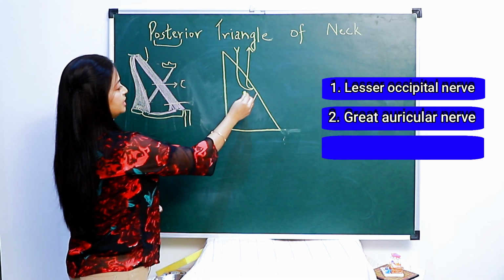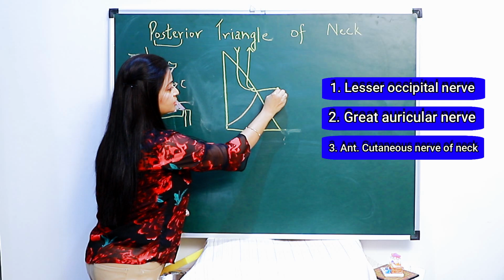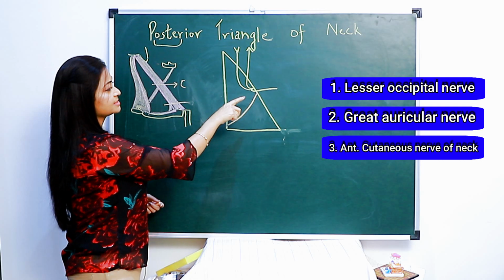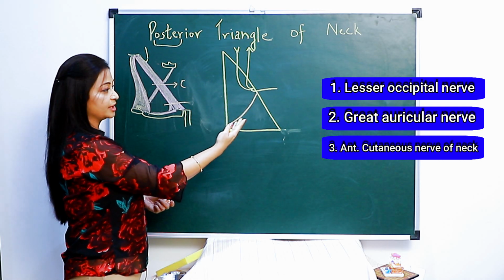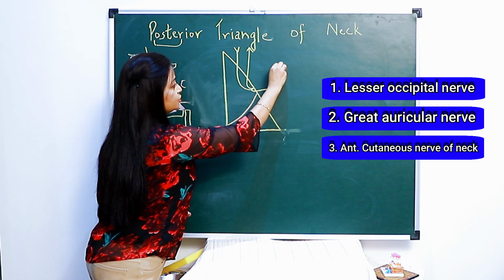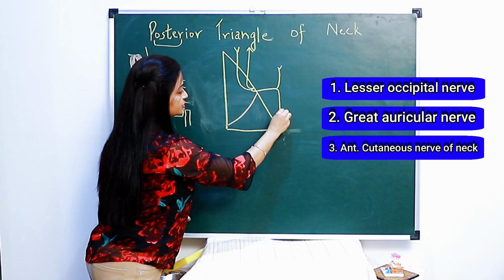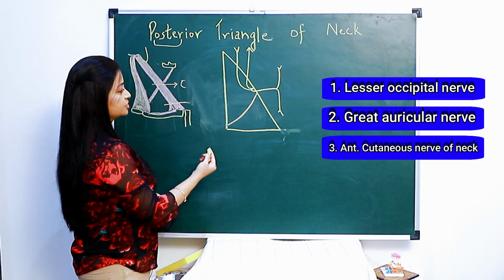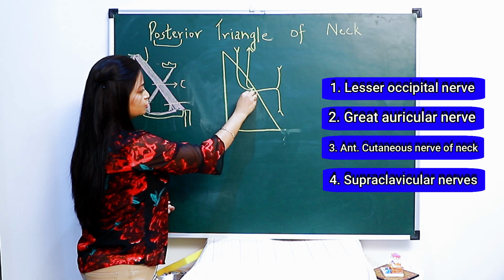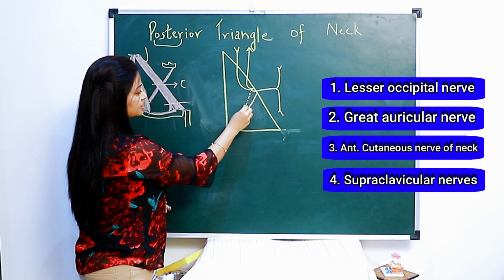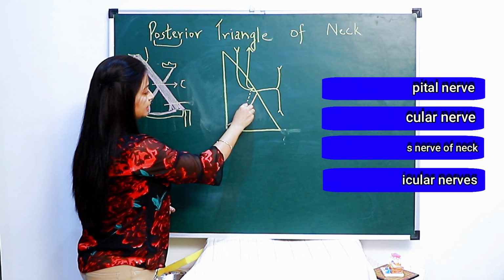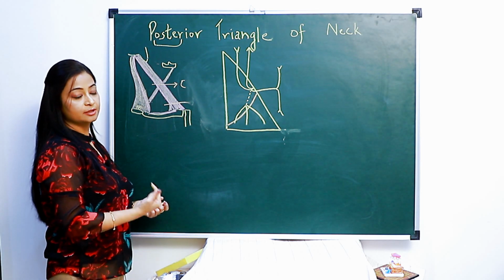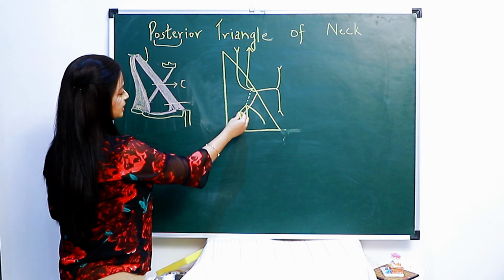The third nerve is the anterior cutaneous nerve of the neck, which will hook around the sternocleidomastoid muscle like this and cross over to the anterior triangle of the neck, where it divides into its ascending and descending branches. And the fourth cutaneous nerve lying in the superficial fascia over here is the supraclavicular nerve, which will pierce the fascia over here and divide into three terminal branches, that is the medial, intermediate and lateral supraclavicular nerves.